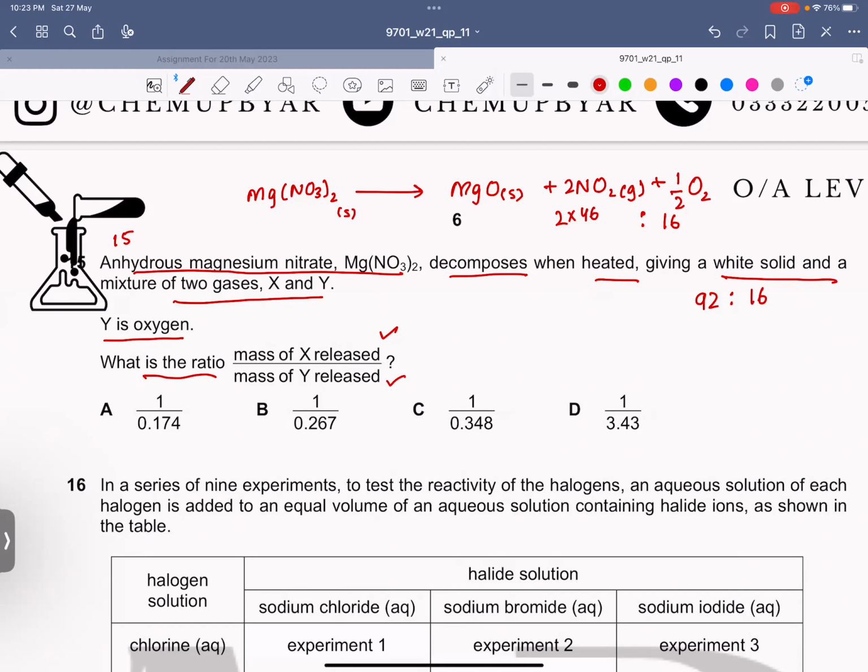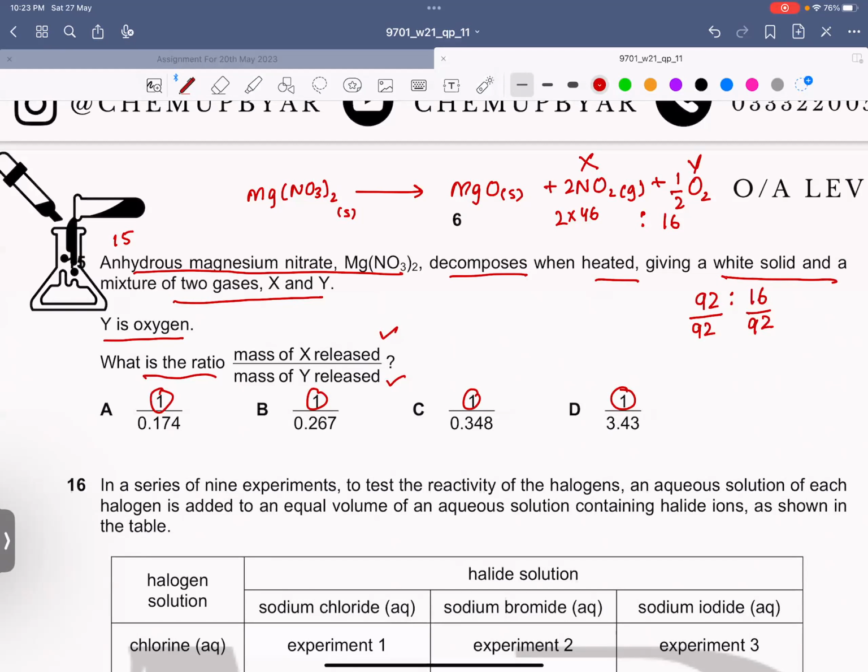So if I have to make it 1, I have to divide by 92, because this is what they called X, and they have to take X as 1 in all of the cases. And this is Y, right? So you have to divide this by 92 as well.